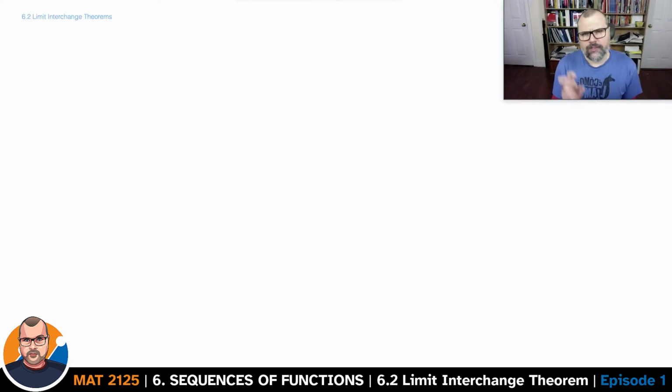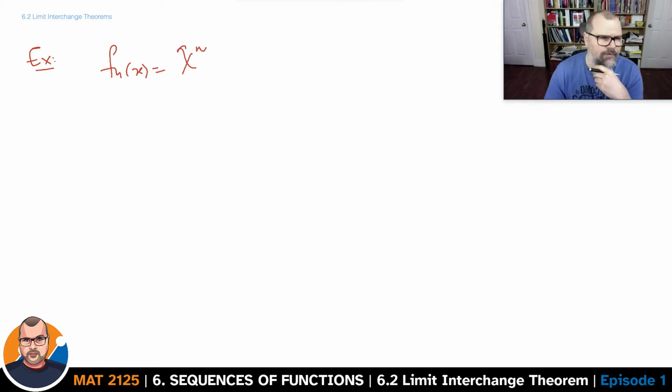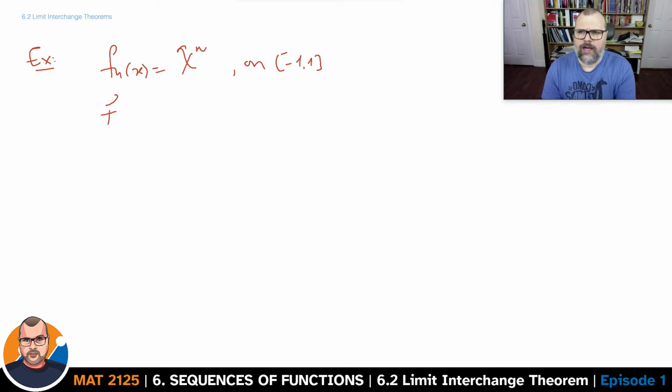Uniform convergence is actually quite handy when it comes to talking about interchanging limits. We've seen an example of a sequence of functions, x^n, on the interval (-1, 1). We had a pointwise limit, given by this function f.